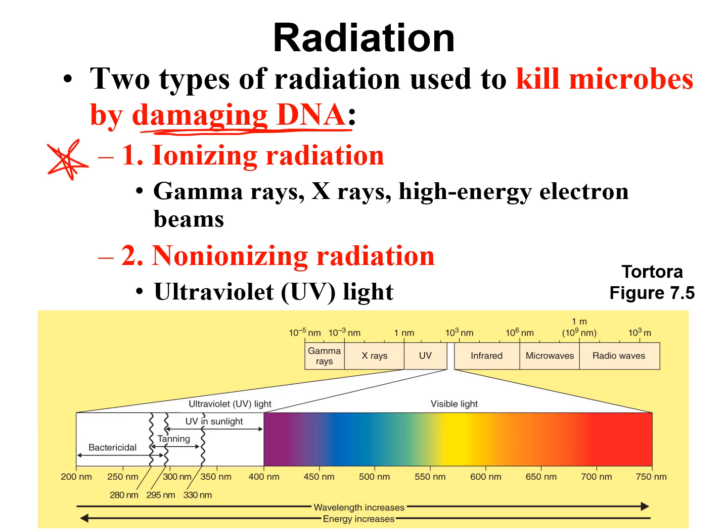We have ionizing radiation, and this includes things like gamma rays, which come from radioactive material, X-rays, and electron beams. If we look on our spectrum here, gamma rays and X-rays all have a very short wavelength, meaning they have lots of energy.